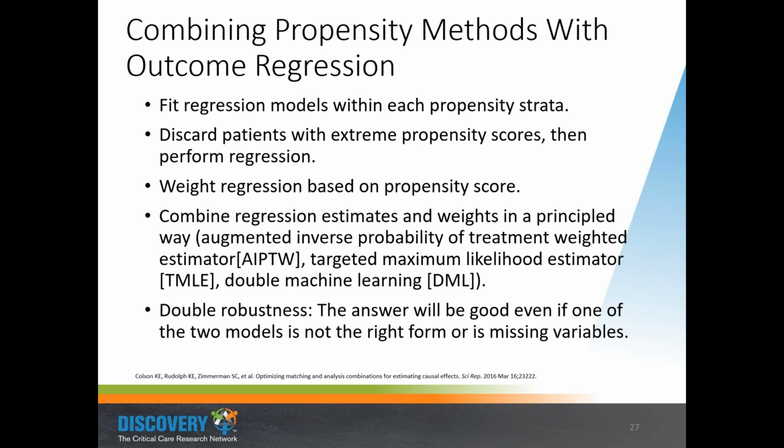These are all kind of hand-wavy ways of combining outcome regression and propensity methods. The principled way of doing this is something called the augmented inverse probability of treatment weighted estimator, which is similar to what I've described above. It's just mathematically a particular way of doing it that ensures that everything is efficient and it works. There are also other, more advanced methods called TMLE and DML.